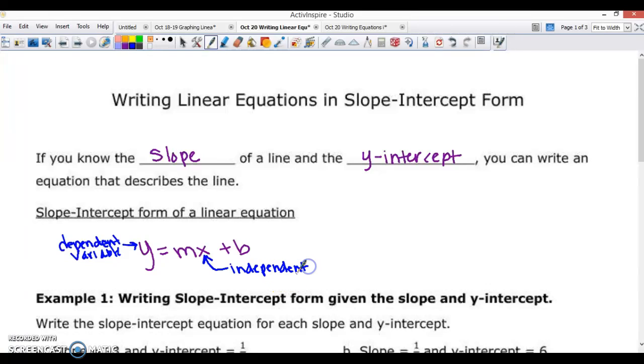Can't get the output without the input, basically. M is your slope. And b is your y-intercept.